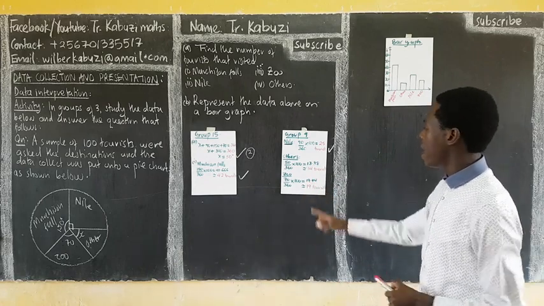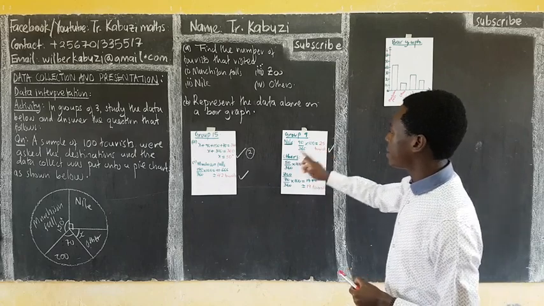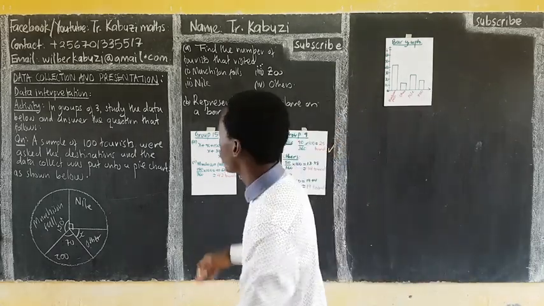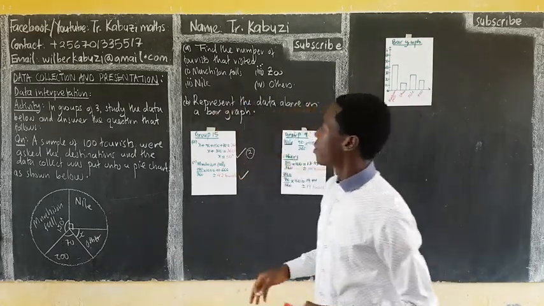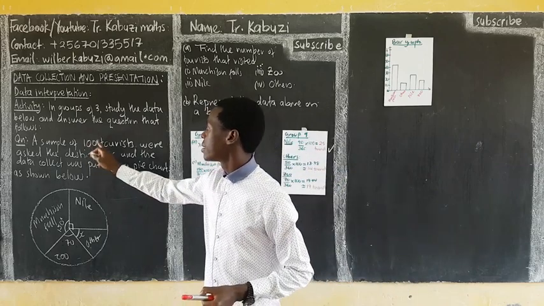So make sure that when you add this, plus this, plus this, plus this, you get the total number of people. Our total number of tourists was 100.